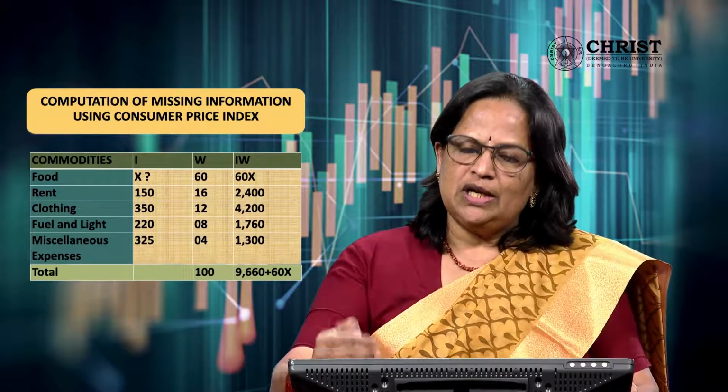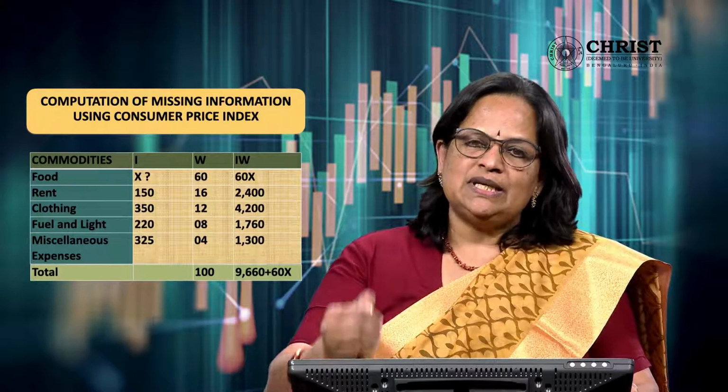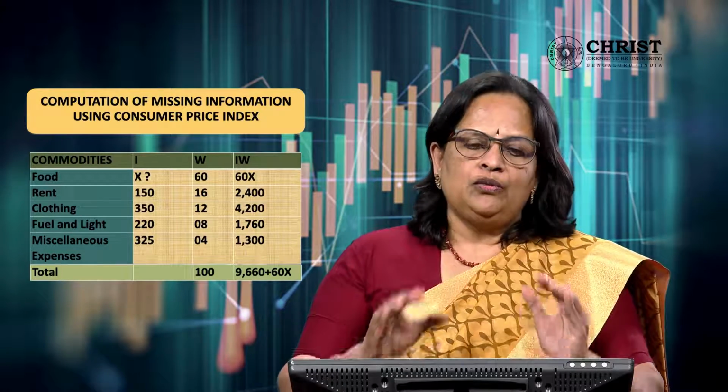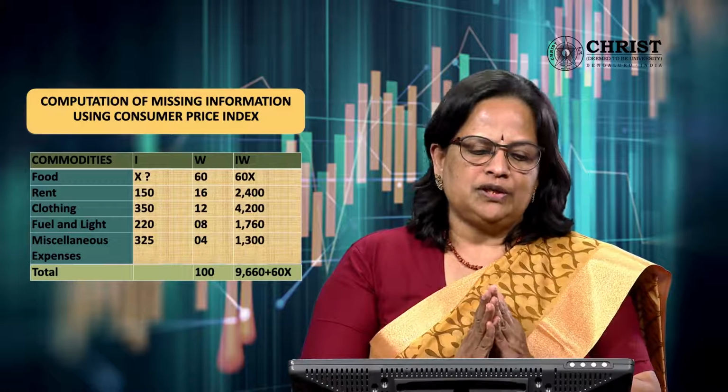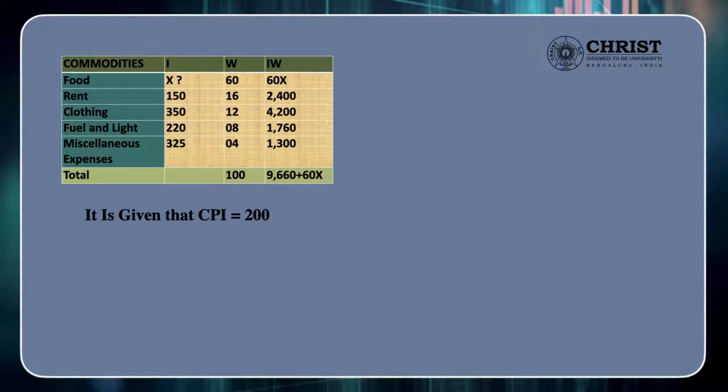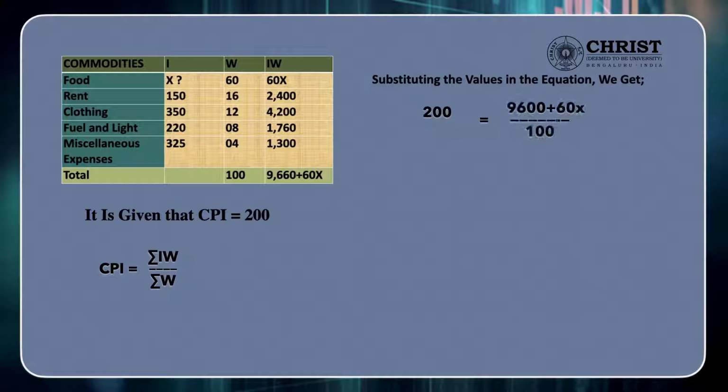So when you take the total, 9660 plus 60x. Now we have to compute the missing information. It is given that the consumer price index is 200. We know that consumer price index is computed using the equation CPI is equal to sigma IW divided by sigma W. Now substituting the values, CPI is 200, equal to the sigma IW total, 9660 plus 60x, divided by 100.